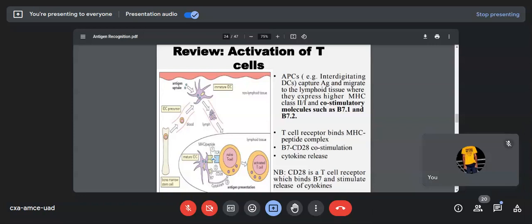They are the only cells that contain both class 1 and class 2 MHC molecules. Class 1 MHC molecules recognize endogenous antigens. Class 2 recognize exogenous antigens.